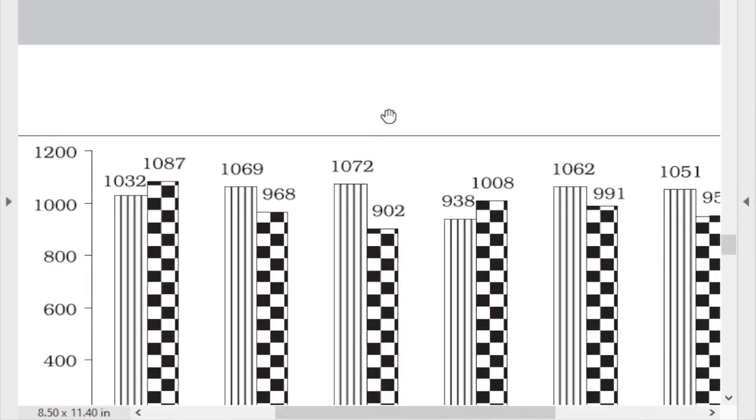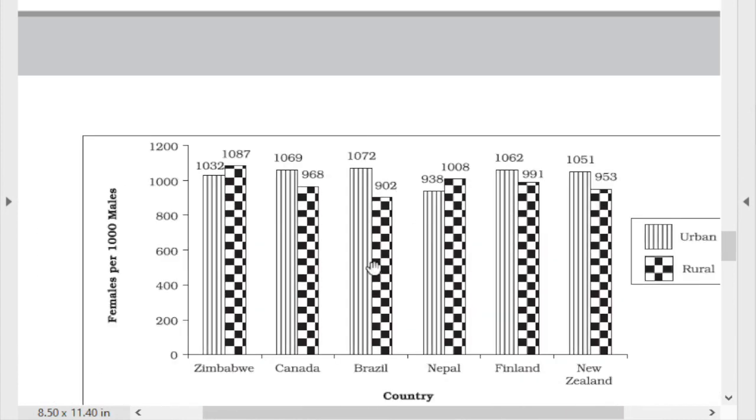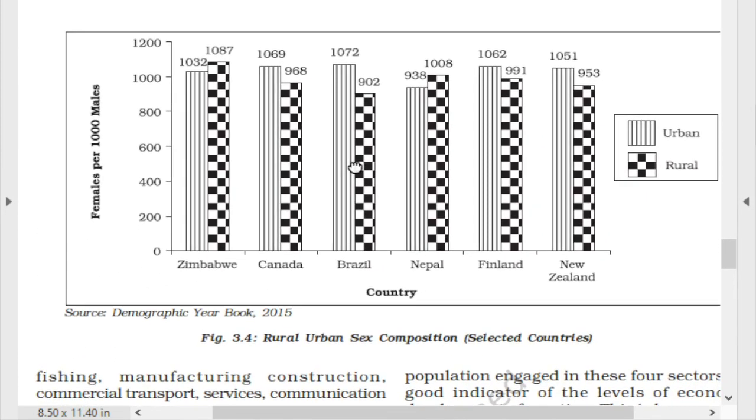See, this is the urban sex compositions of Zimbabwe, Canada, Brazil, Nepal, Finland and New Zealand. If you see in this, the checked bar shows the rural, and this bar shows the urban population.